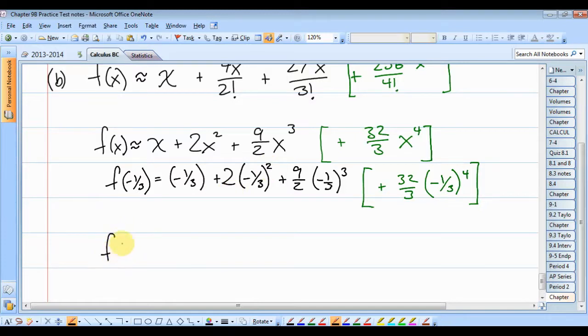We got f of negative 1/3 equals negative 1/3 plus 2 over 9, minus, 3 cubed is 27, 2 of those, that's negative 1/6, right?